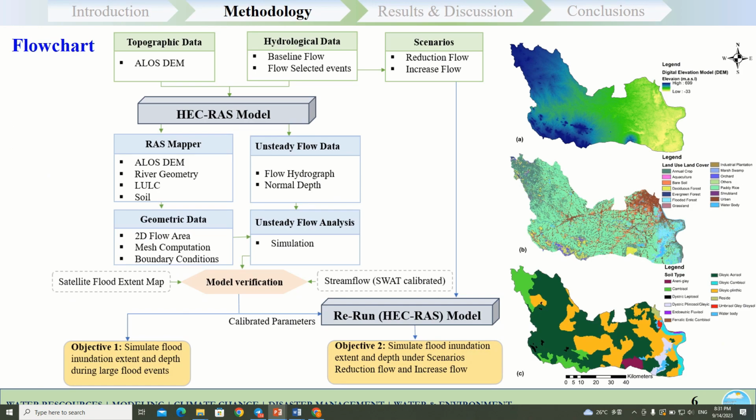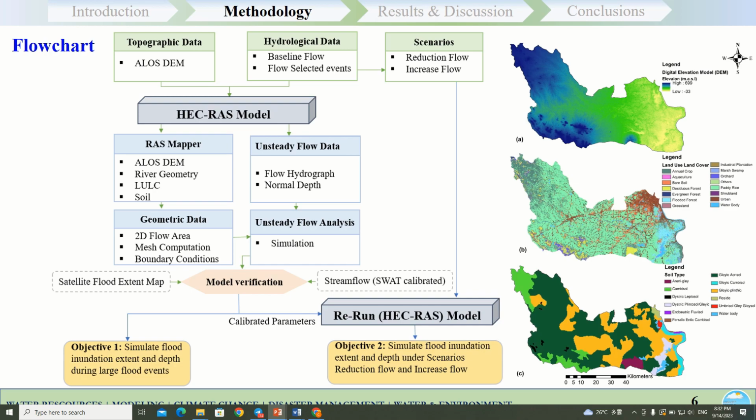In order to achieve our objective, we need to go through this flowchart. In order to run the HEC-RAS model, we first start by inputting data, including topography and hydrological data.